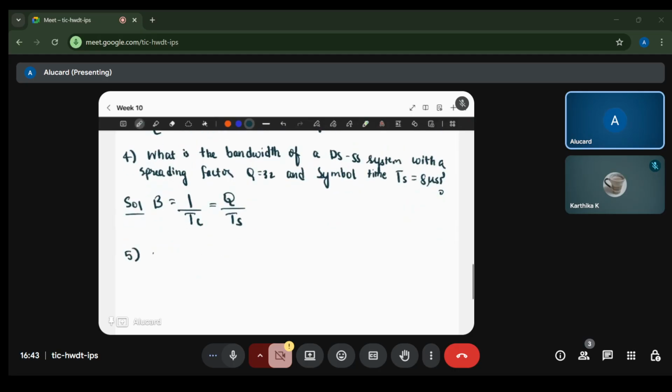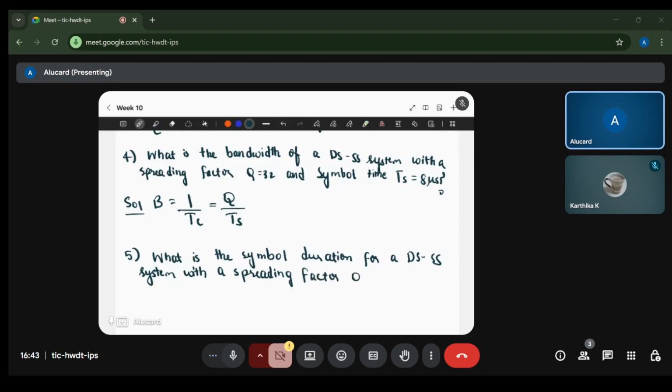Next question is, what is the symbol duration for a DSSS system with a spreading factor Q is 32 and chip duration Tc is 16 microseconds.